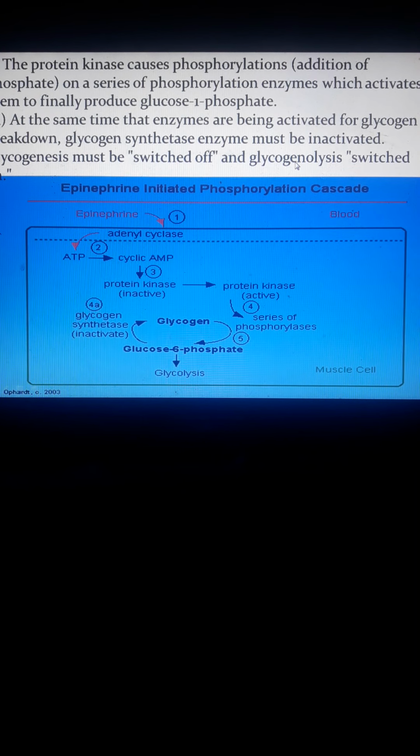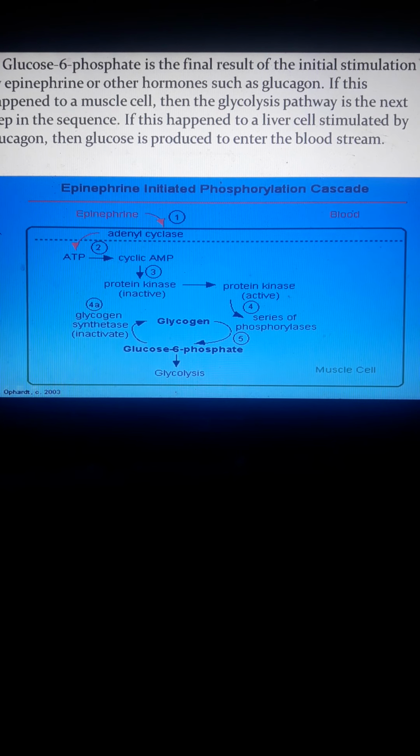That is the switch on of what we call the glycogenolysis process. Because if glycogen synthetase is active, there will be glycogenesis, meaning a building up or production of glycogen. So if we switch it off, there will be glycogenolysis. That is the breakdown of glycogen to glucose 6-phosphate, then followed by the glycolysis process. Okay? So, this is already in the muscle tissues.